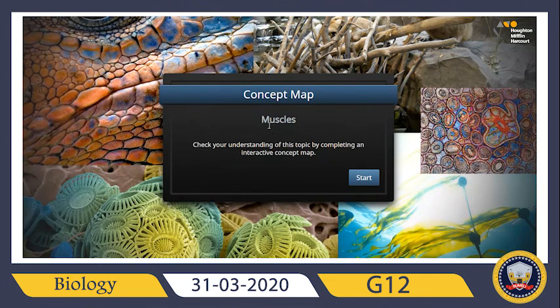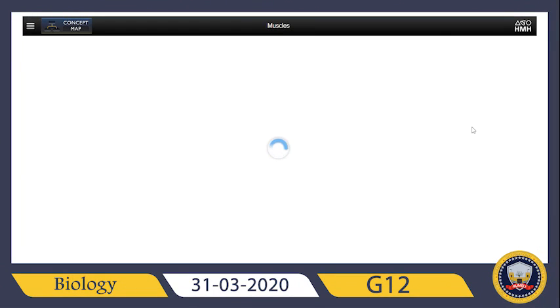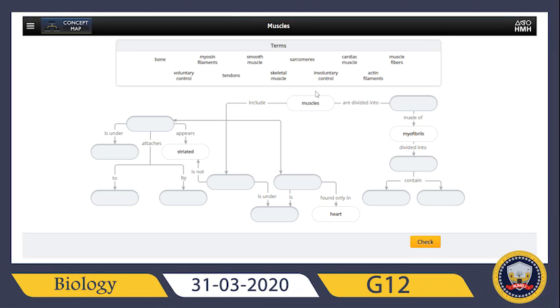Let's try muscles. This is our concept map for today for muscles. So muscles are divided into what? Made of myofibrils, divided into what, contain what and what. So let's try solve this.